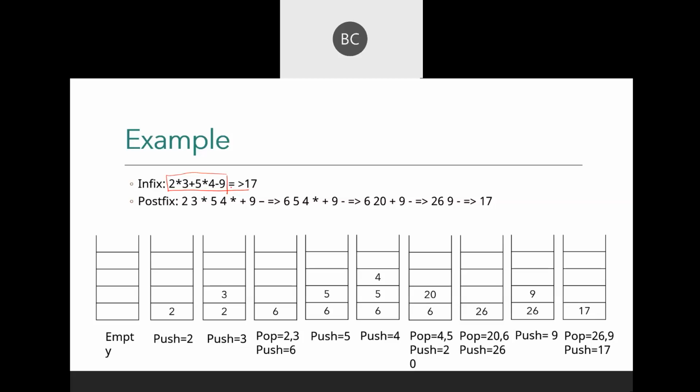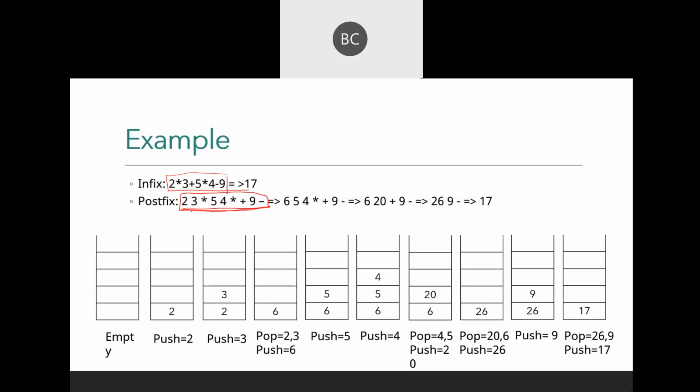Whenever you write any input expression or mathematical operation like this, the compiler will convert it into postfix notation. So this is the postfix notation for this infix. Now your compiler will evaluate this postfix expression only, not the infix.